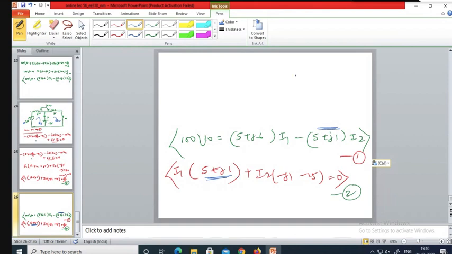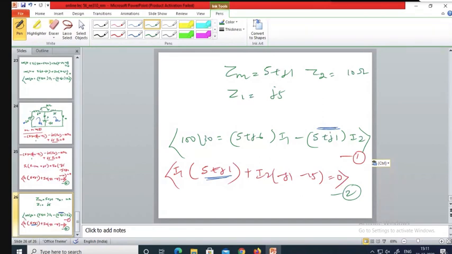So as a result, you can denote Zm as 5 plus J1. Okay, and you can further simplify and take Z1 as J5 and Z2 as 10 ohms.